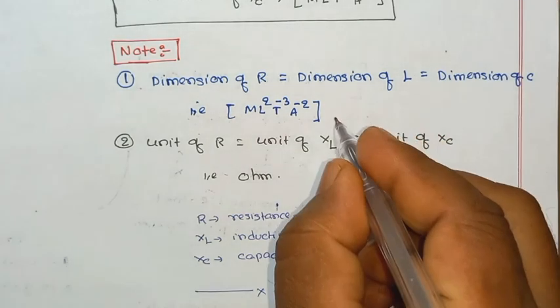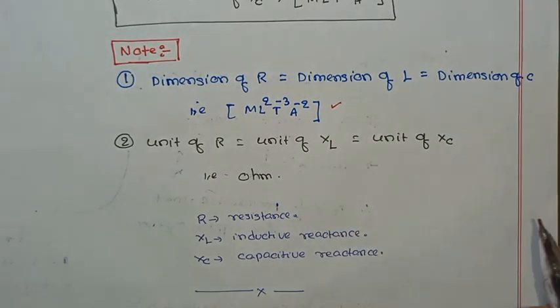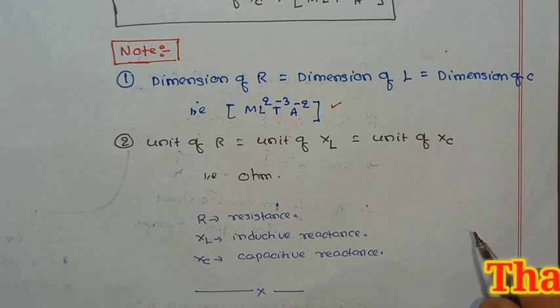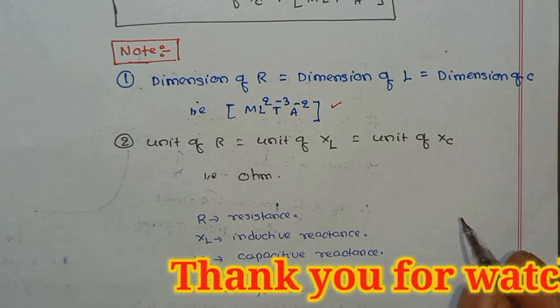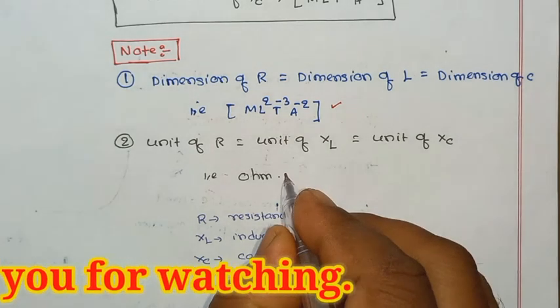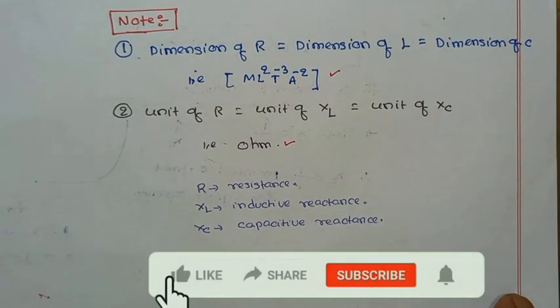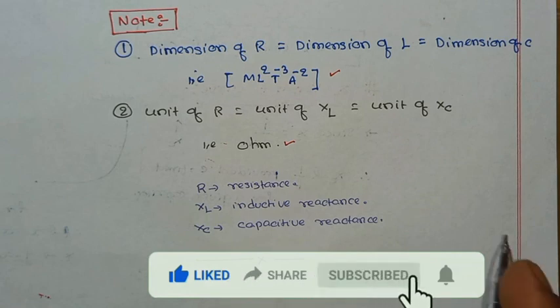The unit of R is equal to unit of XL is equal to unit of XC, that is ohm. Where R is the resistance, XL is the inductive reactance and XC is the capacitive reactance.